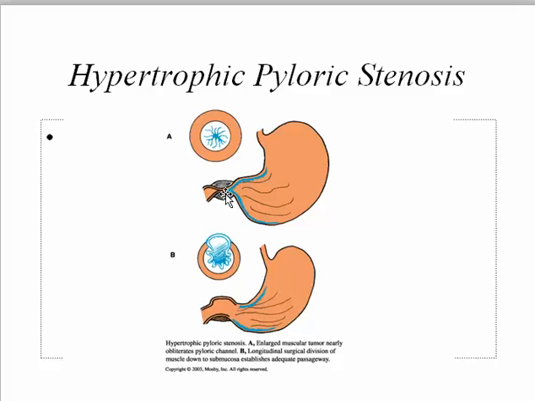What happens is that the circular muscle of the pylorus thickens, and as a result, there's hypertrophy, and it causes constriction of the pylorus and obstruction of gastric outflow, and there is hyperperistalsis. In our second image, they have the surgical repair, so the circular muscle fibers are released. Now it's not stenotic anymore.